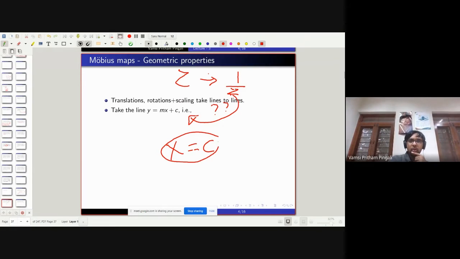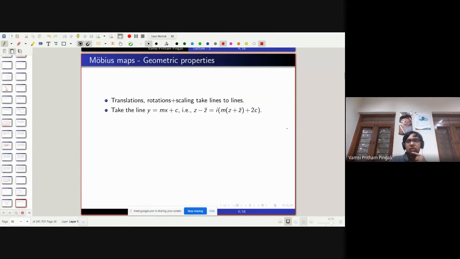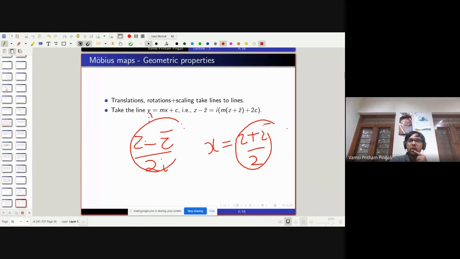This is not included in this formula, but I'll leave this special case as an exercise for you. Okay. So take the straight line. y is (z minus z bar) divided by 2i, and x is (z plus z bar) over 2. So when you substitute x and y here, you get the complex equation of a straight line, namely this.